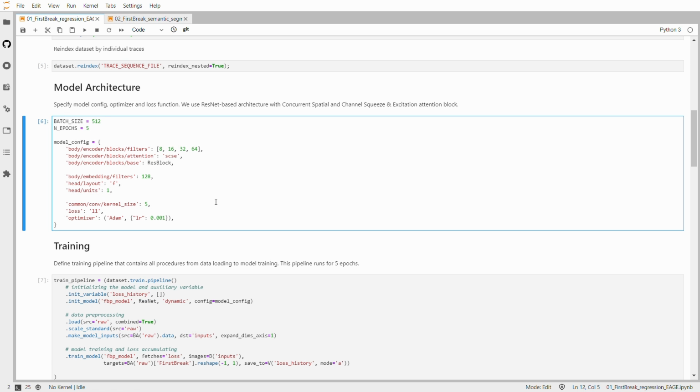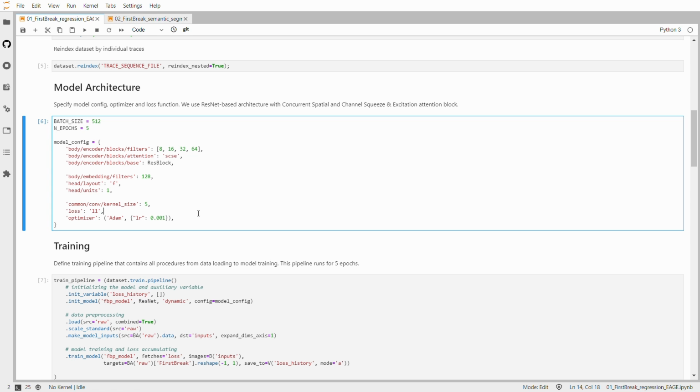In this section, we are going to discuss the model's construction and the training procedure. In the first cell, we describe the model we use and the training parameters such as optimizer and loss function. For the regression problem, we will use a ResNet-based architecture with an attention mechanism.